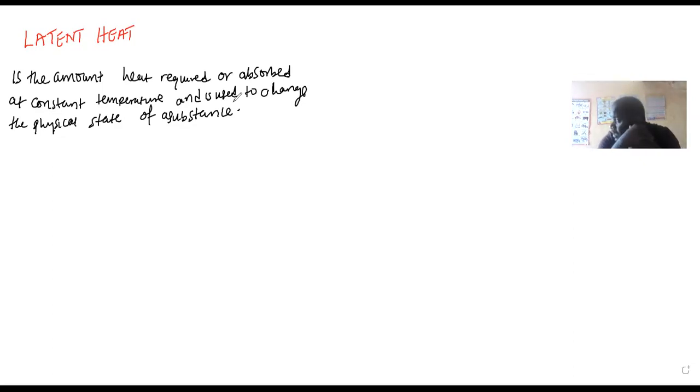And when it changes from a liquid to gas, we say it's evaporating. So evaporation takes place, and the latent heat we require there is called latent heat of vaporization. The same applies when it is coming from a gas or vapor back to a liquid. Still, you need latent heat of vaporization to bring it back to its other state of a liquid.